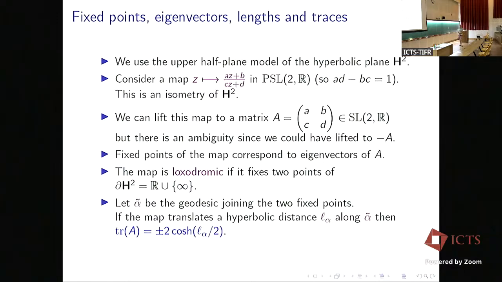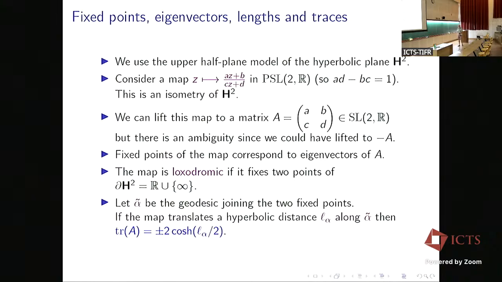So let's use the upper half plane model of the hyperbolic plane. And I'm going to consider a Möbius transformation in PSL2R, which is an isometry of H2. And in the usual way, we can lift this to a matrix in SL2R.